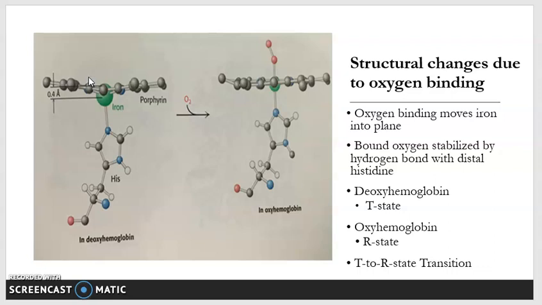And I also want to mention that oxyhemoglobin is in the R state, which is relaxed, and the deoxyhemoglobin is in the T state, which is less biochemically active and has a lower affinity for oxygen than does the R state. So the structure is said to transition from T state to R state.